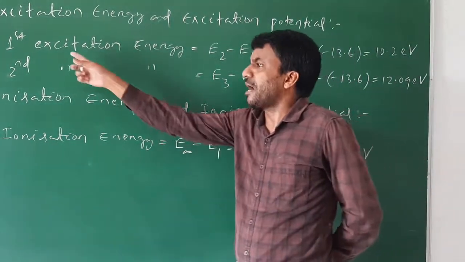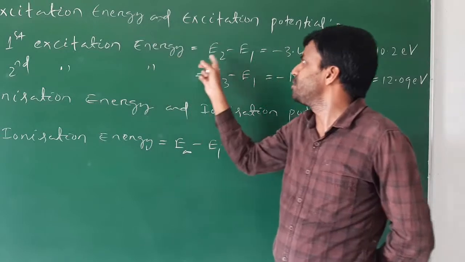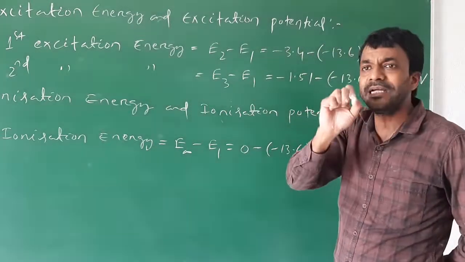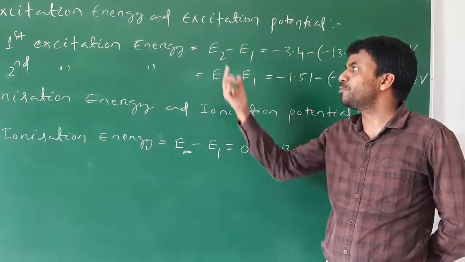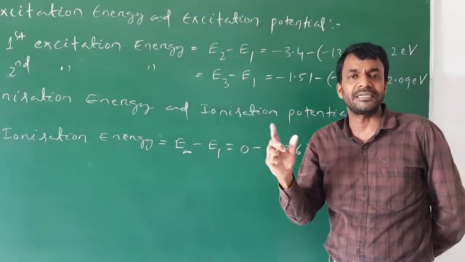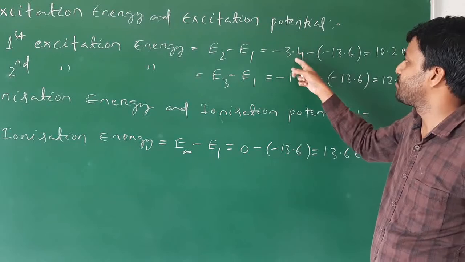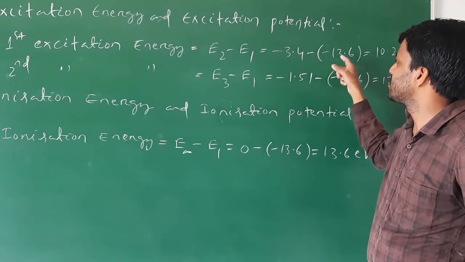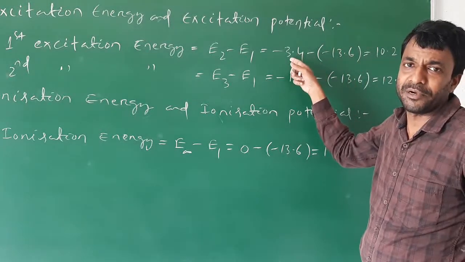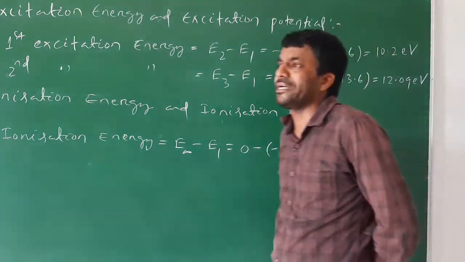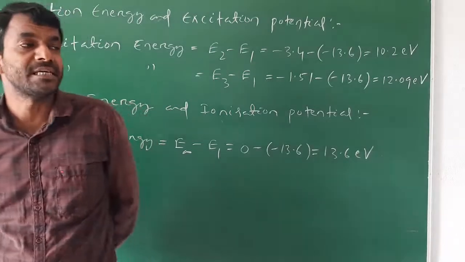What is the value of E2? E2 is equal to minus 3.4. What is the value of E1? That is minus 13.6. Means minus 3.4 minus of minus 13.6, that is plus 13.6 minus 3.4, that is 10.2 electron volt, the first excitation energy.